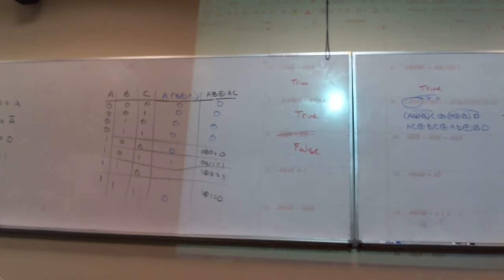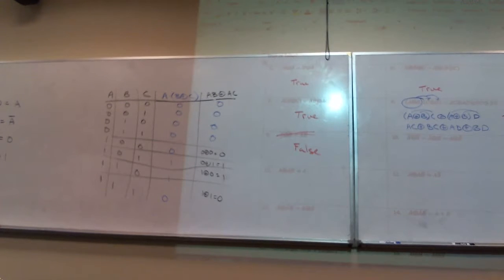How about 10? Is the opposite of A XOR B the same as A not XOR B? Let's see. 1, 0, 1.